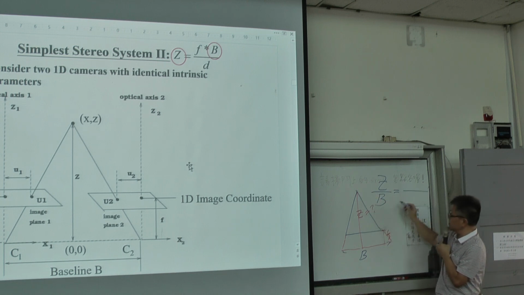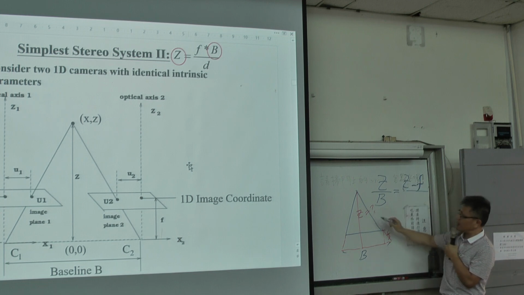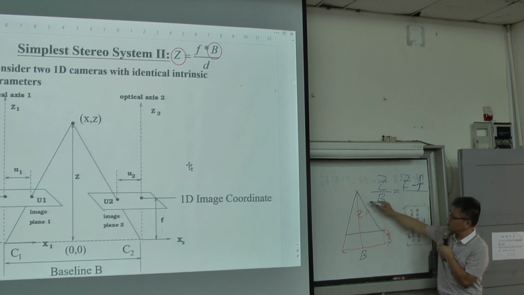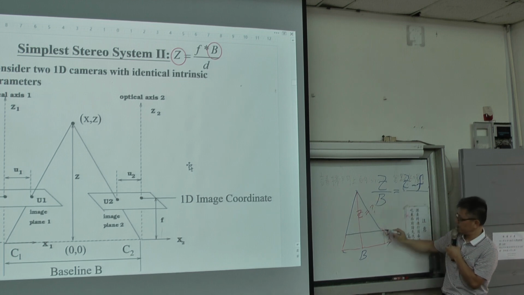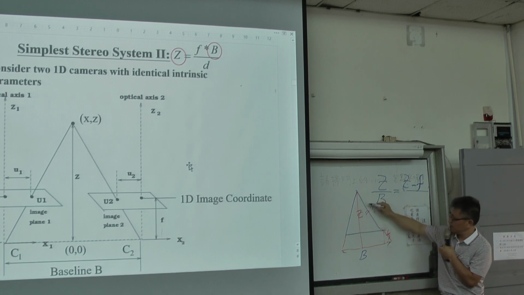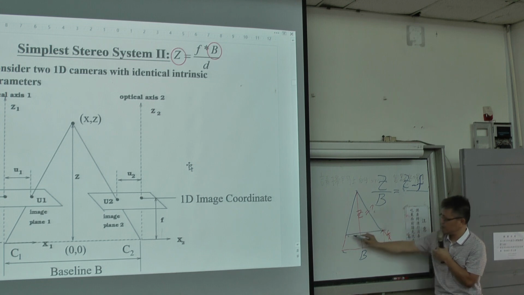So this height is z minus f. 大三角形是 z compared with b, the baseline, and equal to the small one. So z minus f is this height, compared with this one.